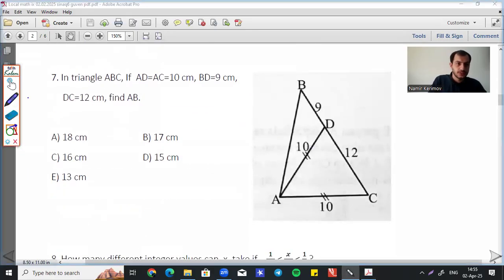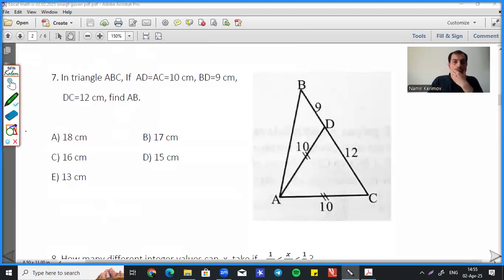Okay, in question 7, we should find AB. Here, the triangle ACD is an isosceles triangle. Then, if it's isosceles, and if we draw the height, we will get the 2 sides the same.